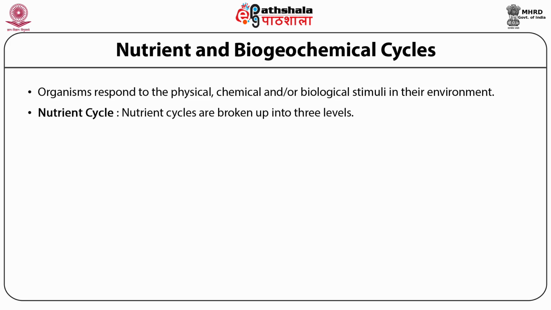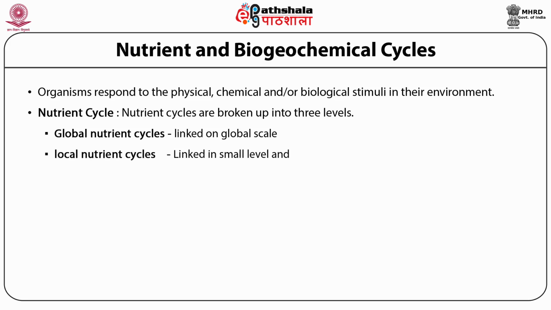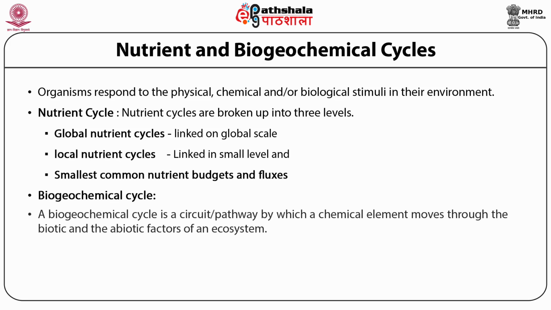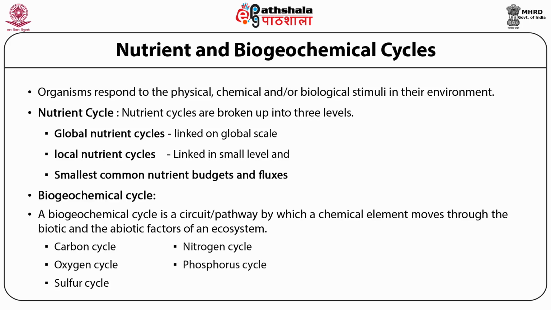Nutrient cycles are broken down into three levels: global nutrient cycle, local nutrient cycle, and the smallest, the common nutrient budget and fluxes. Biogeochemical cycles are circular pathways in which chemical elements move through the biotic and abiotic factors of an ecosystem. The major biogeochemical cycles are the carbon cycle, oxygen cycle, sulfur cycle, nitrogen cycle, phosphorus cycle and water cycle.